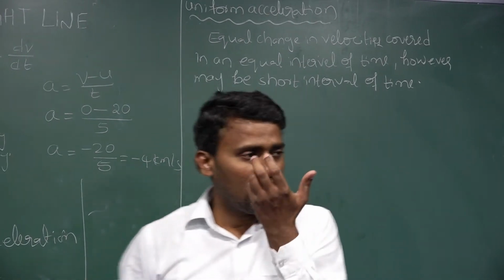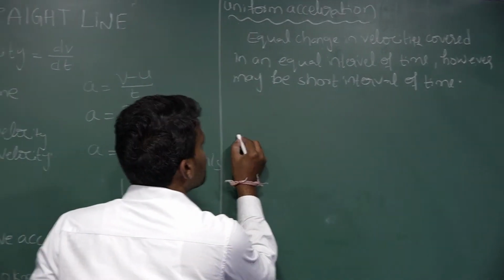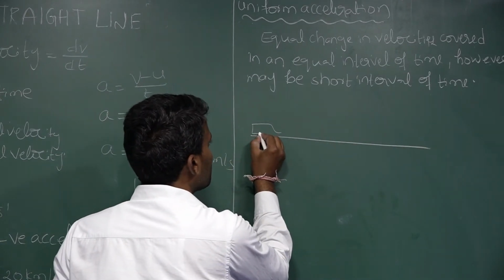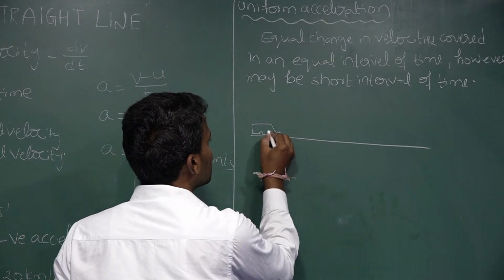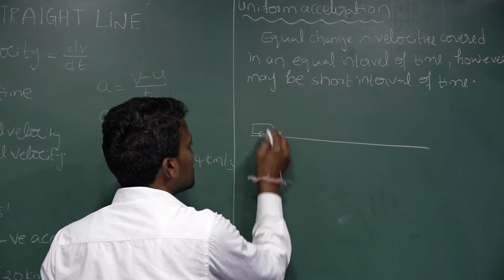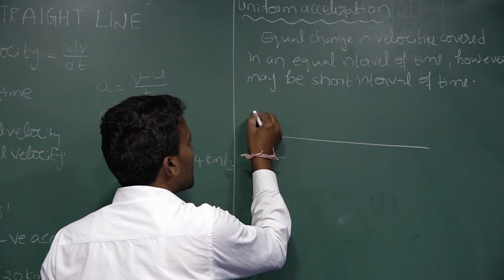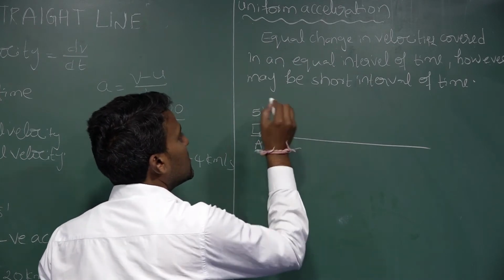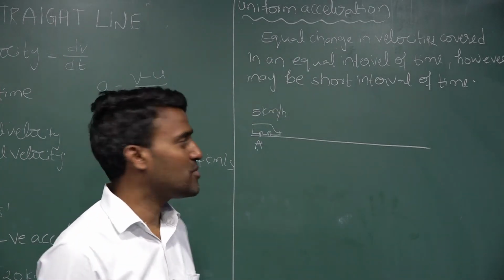For this, I want to give one example. A vehicle is going from point A to point B. At point A it starts with a velocity of 5 km per hour. When it reaches point B, it attains a velocity of 10 km per hour. Then when it reaches point C, it attains 15 km per hour.